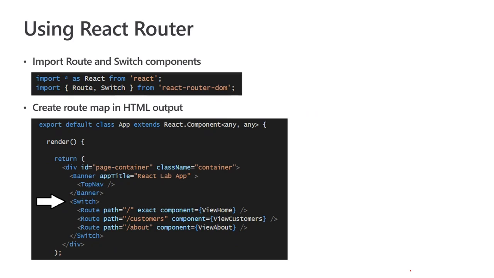And once I have a switch, I can basically say when I go to one of these paths, such as the root or /customers or /about, I want to load in a particular component. That way you can move from route 1 to route 2 to route 3, and it simply loads in a component without going anywhere. But it's very, very fast.